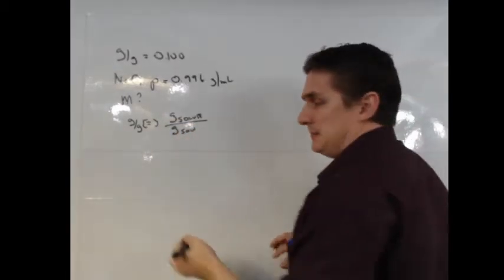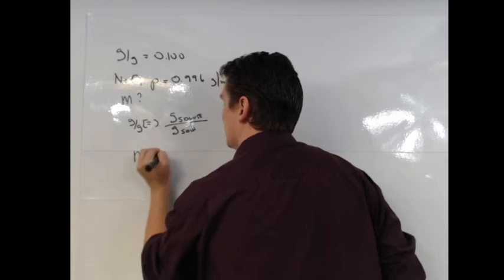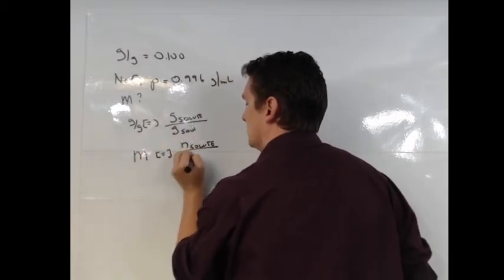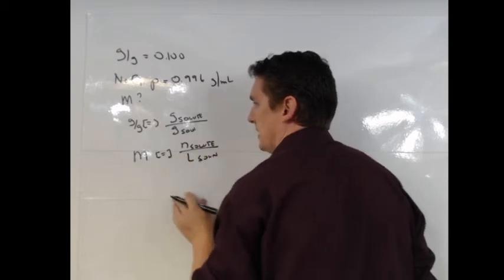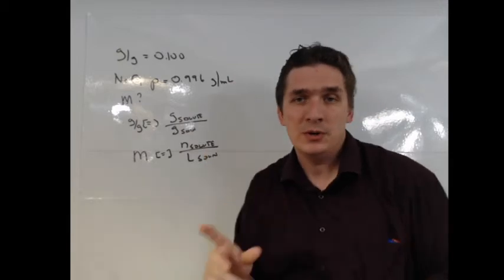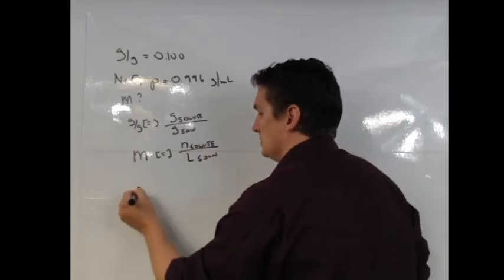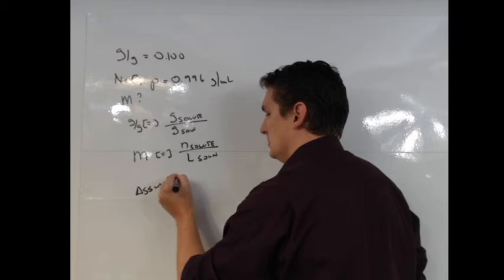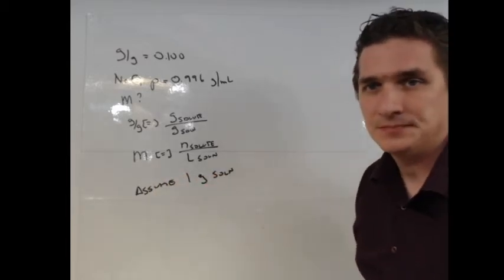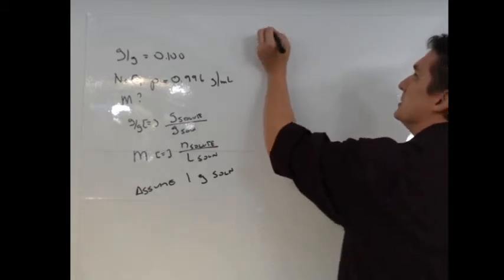We want molarity. Molarity has units of moles of solute per liter of solution. Since we are given weight fraction, we're going to assume one of whatever's in the denominator. So we're going to assume 1 gram of solution. Now we've got our three formulas.